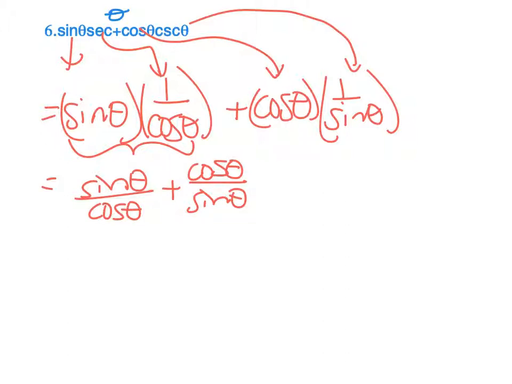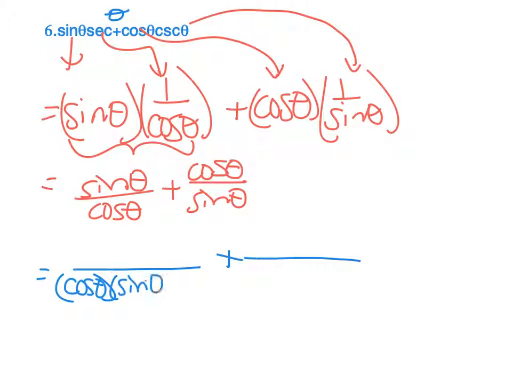Again, since I've got 2 different denominators, I'm going to have to get common denominators. So that common denominator is going to be cosine theta, sine theta. Since I multiplied this denominator by sine, I need to multiply the numerator by sine. That gives me sine squared.